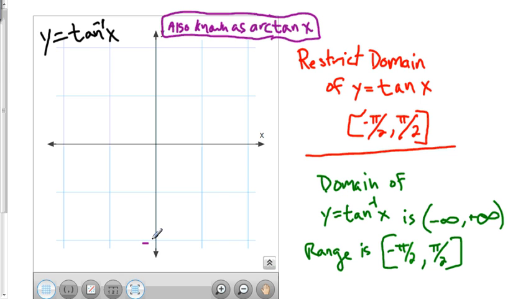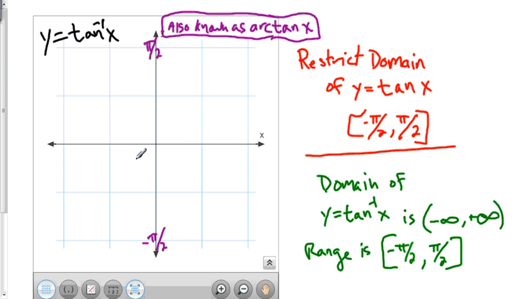So that's going to be our y values now, because that's our x over there. And our domain, because it goes on and on forever in our original function, had a range of negative infinity to positive infinity. That's going to be the domain of our inverse. So this will be negative infinity to positive infinity.